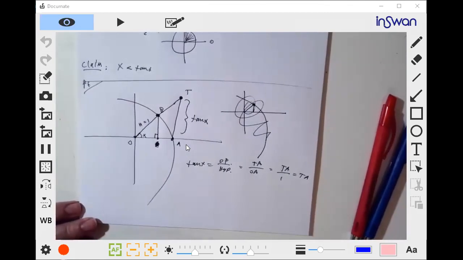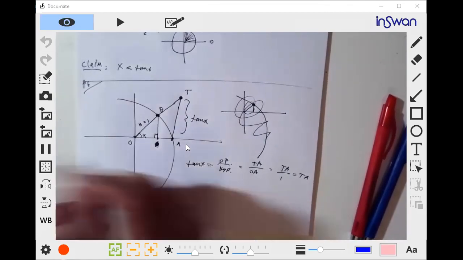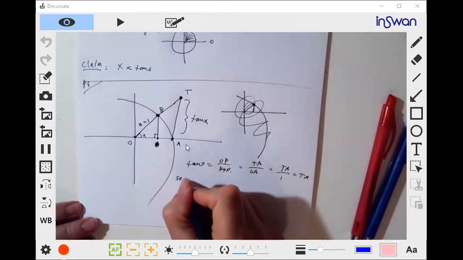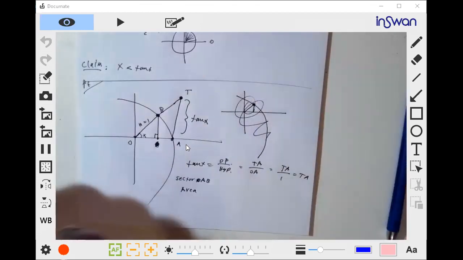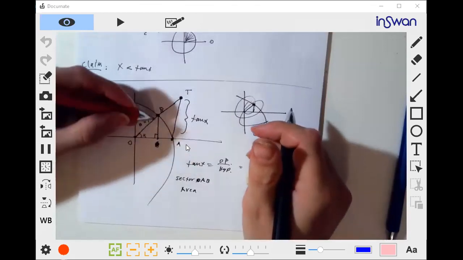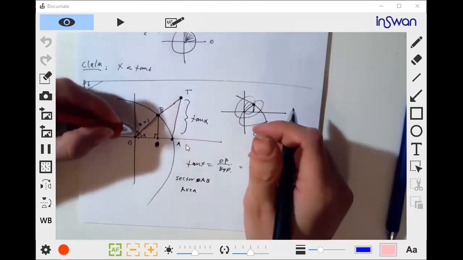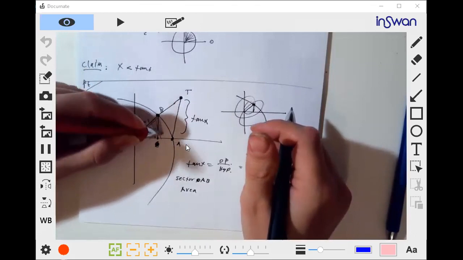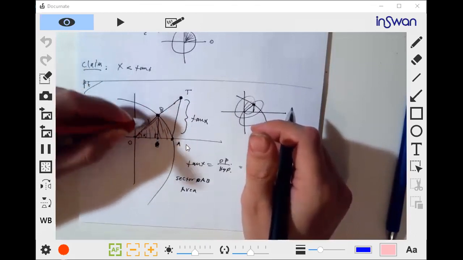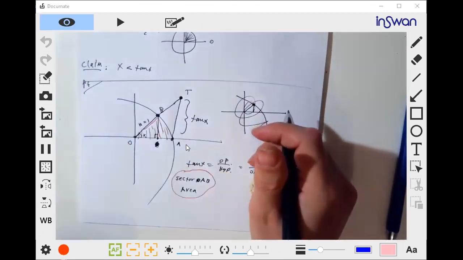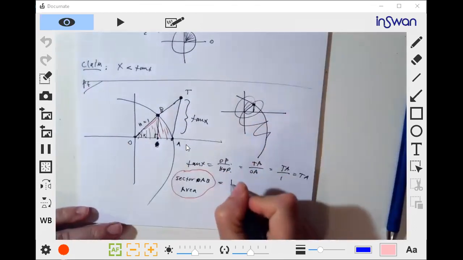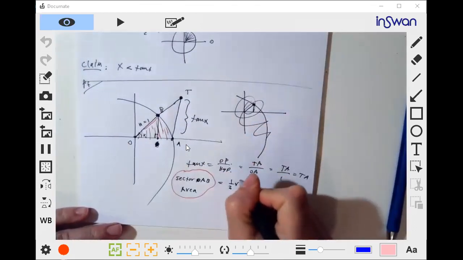Now let's talk about areas. The sector OAB is this wedge of a circle, what is in red. The area of the sector is equal to 1/2 r squared theta.